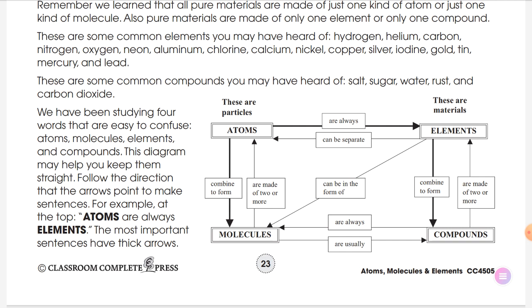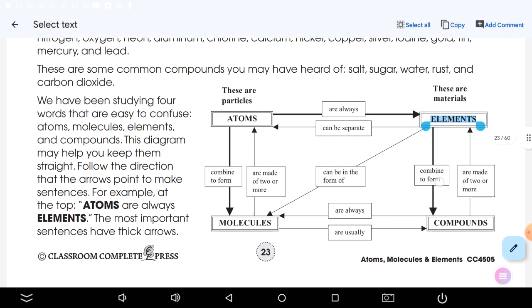This diagram may help you keep them straight. Follow the direction that the arrows point to make sentences. For example, at the top, atoms, follow the arrow, are always elements. Elements combine to form compounds.